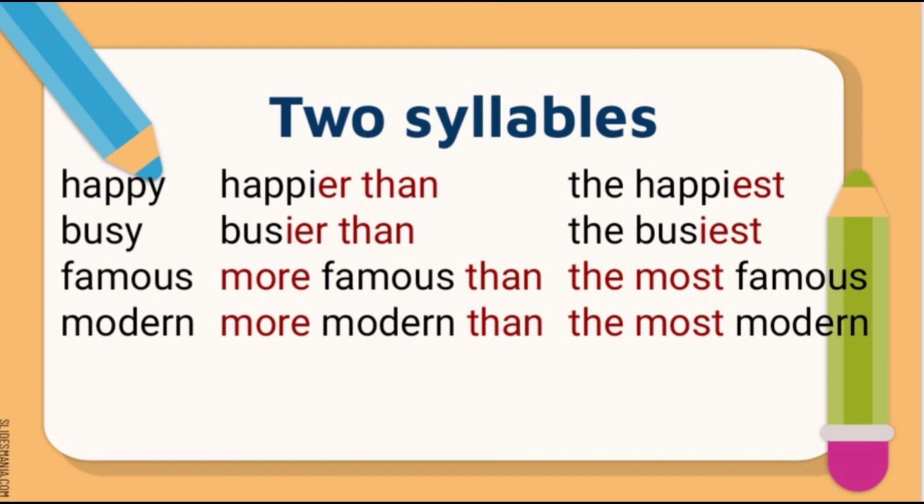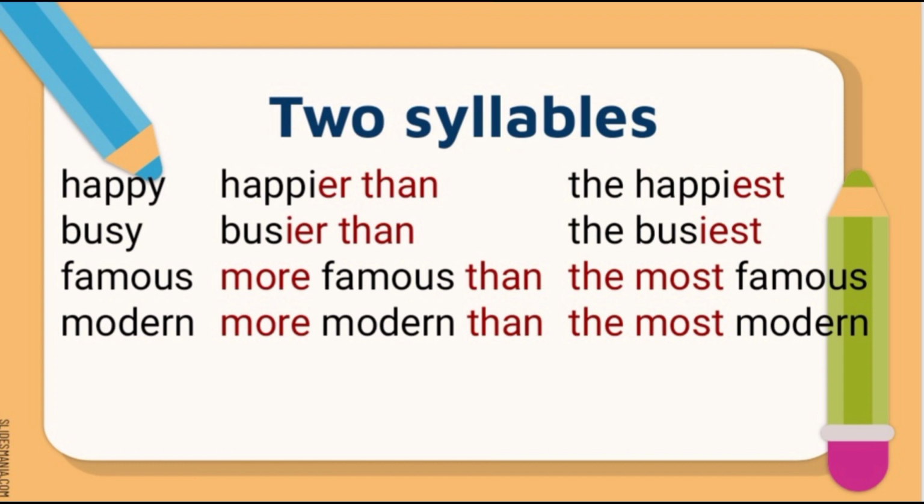And now, for every other word which is two syllables or more, you have a different pattern. So, let's look at this example. Next, we're going to look at famous. Famous, two syllables without Y. So, two syllables without Y, we add more than and the most.